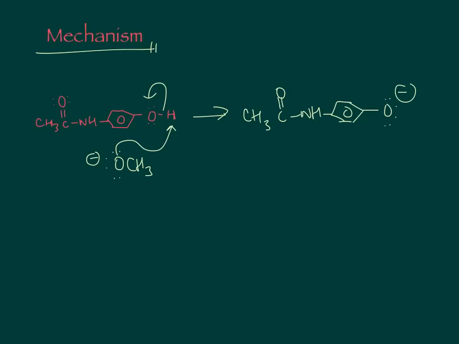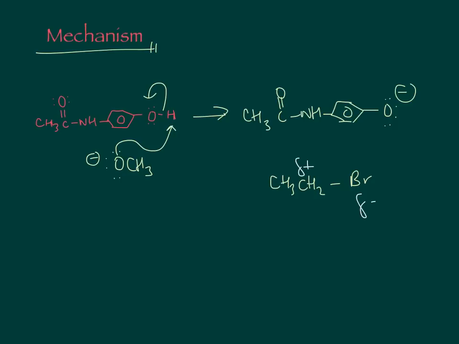So now that we have our conjugate base because of the deprotonation that occurred here, we want to add in our bromoethane, CH3CH2Br, and notice that bromine carries a partially negative charge, so the carbon here carries a partial positive charge.